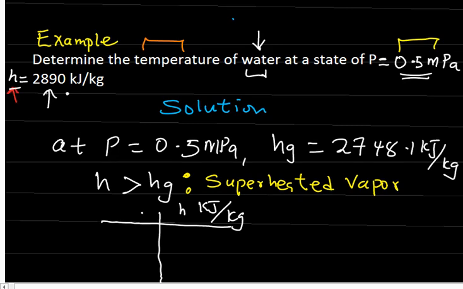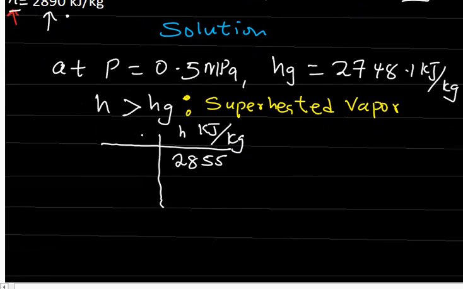You're not going to see 2890, but rather two values in which 2890 is in between. The two values are 2855, then the value after 2855 is 2961.